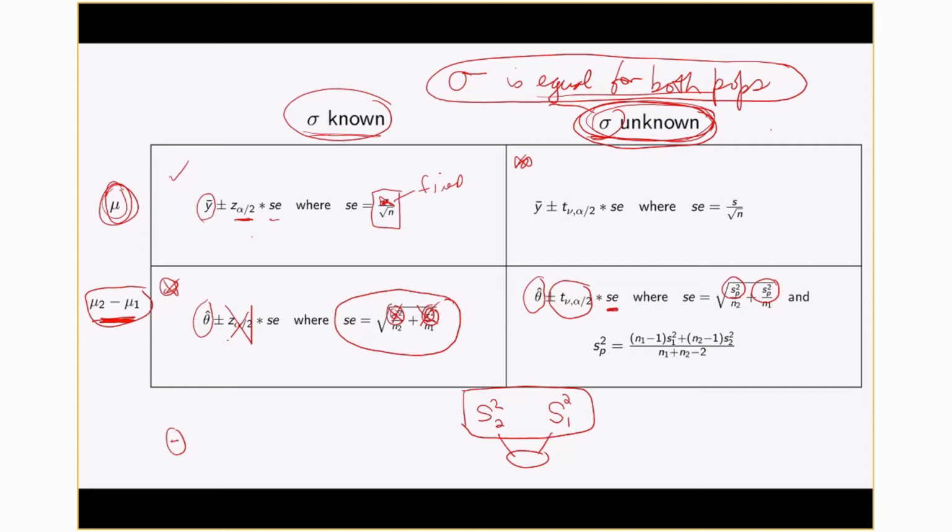What we're going to do is combine them. We're going to come up with a weighted, or pooled, average of our two estimates of the variance derived from the sample.